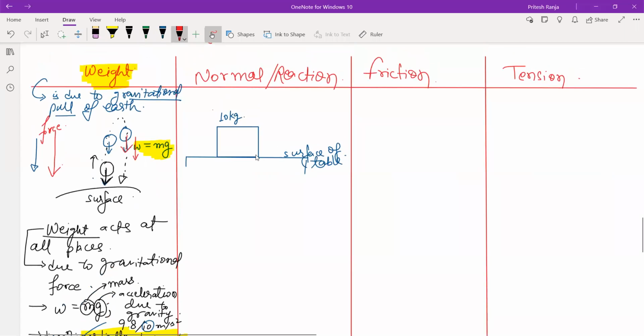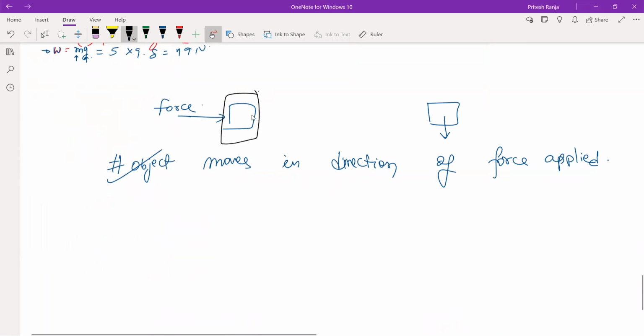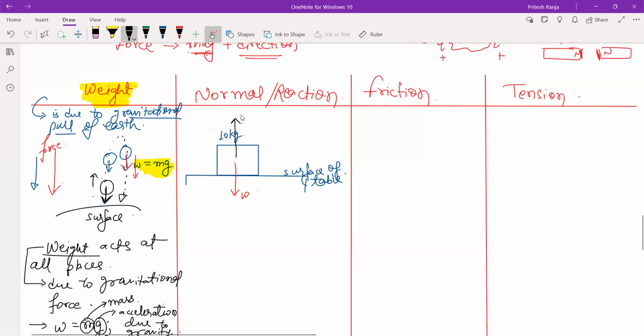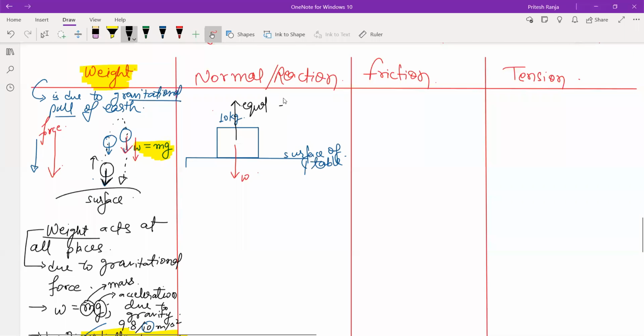ऑब्जेक्ट पे हमने क्या देखा, हर पॉइंट पे वेट एक्ट कर रहा है, राइट? वेट एक्ट करेगा नीचे, बट व्हाट वी आर ऑब्जर्विंग, ऑब्जेक्ट इज नॉट मूविंग, इट इज केप्ट ऑन द सरफेस ओनली। सो इन टर्म्स ऑफ फोर्सेस व्हाट वी कैन से कि कोई एक अपोजिट फोर्स होगा which is balancing the weight, है ना। इस केस में ऑब्जेक्ट वाज मूविंग टू द राइट, अगर मैं इसको राइट से भी उतना ही फोर्स लगा दूं तो क्या ये ऑब्जेक्ट मूव करेगा? नो। सो हियर इफ द ऑब्जेक्ट इज नॉट मूविंग, दैट मीन्स देयर इज सम equal and opposite force, and this force only we call it as normal force or reaction force, right?